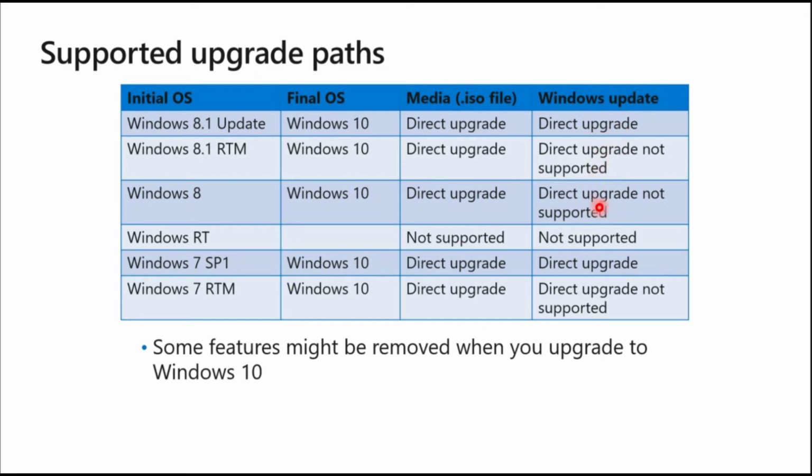Direct upgrade not supported, because this is for mobile phones, right? So mobile phone is not supported. If you have Windows 7 Service Pack 1, direct upgrade is supported, but any RTM versions it is not supported. Some features might be removed when upgrading to Windows 10. So that's definitely something. When you upgrade, many features may be removed, and some new additions will be there.